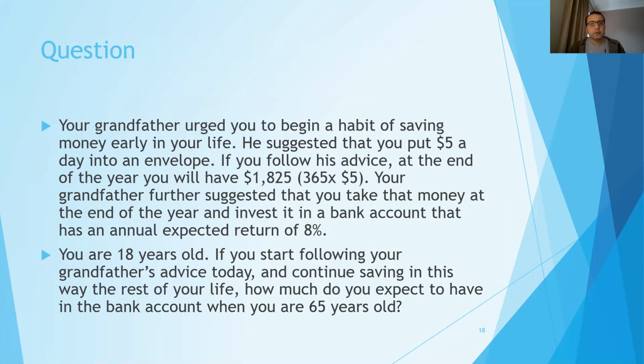Another question. Your grandfather urged you to begin the habit of saving money early in your life. He suggested that you put $5 in an envelope every day. If you follow his advice, at the end of the year, you will have 1,825, which means $5 times 365, right?